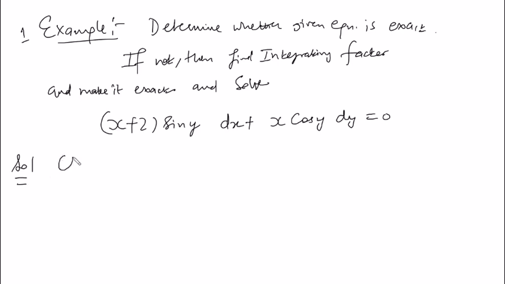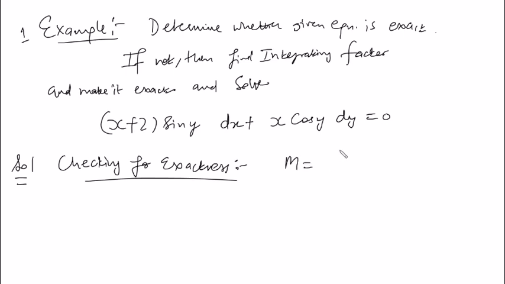So very quickly, the first step we are doing is checking for exactness. Even if they had not said so in the question, this would still have been the first step, because हम directly integrating factor ढूंढने नहीं लग जाएंगे. In case you start searching, you will automatically come to know कि अच्छा वो तो exact ही है. So that's the default first step.